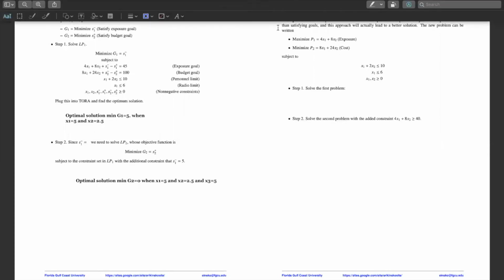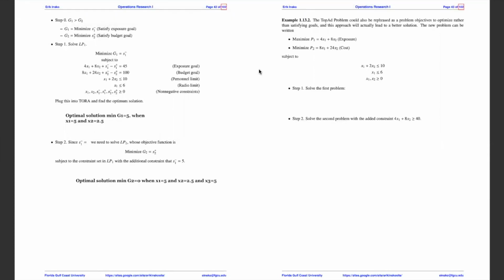We can also do this problem, rather than satisfying goals, as a minimization or maximization optimization problem. We're going to use the first, maximize the viewers or the exposure subject to those two constraints, and we're going to solve it in Torah.